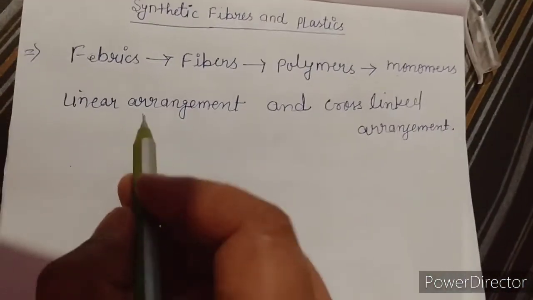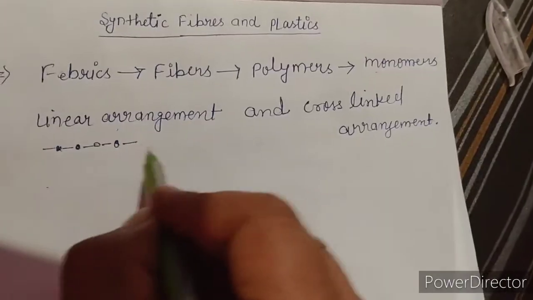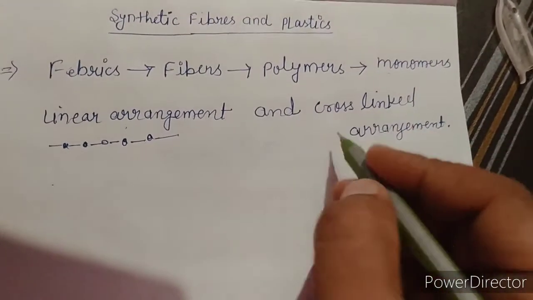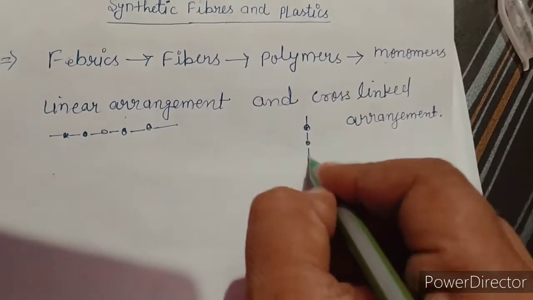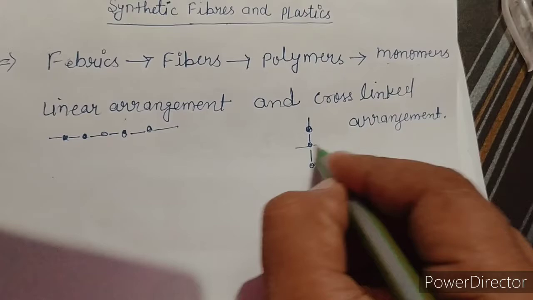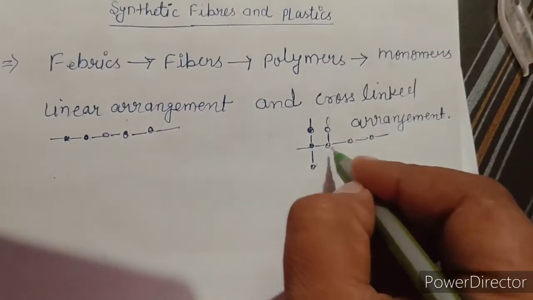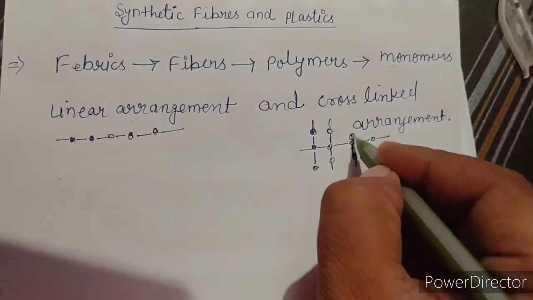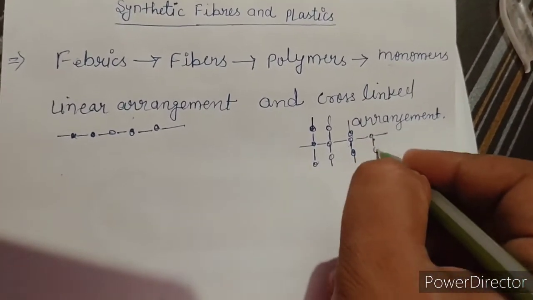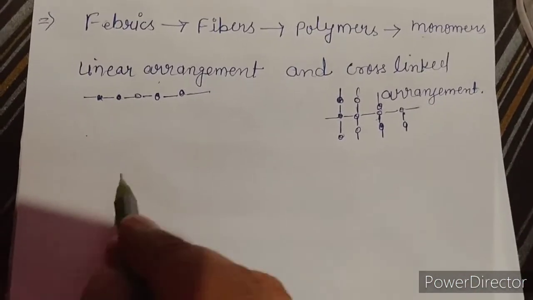Now it forms small monomers in a straight chain, and in the other case, the cross linked arrangement like this.